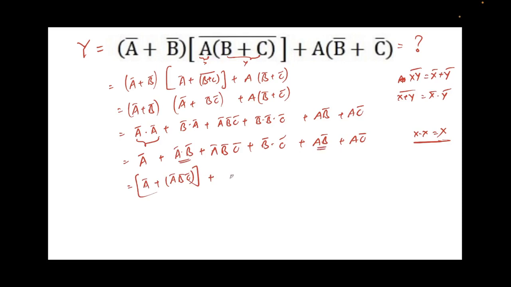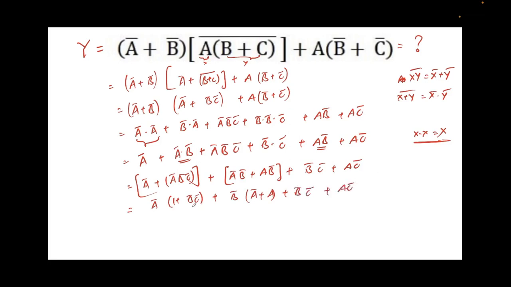So I'll write (A bar B bar plus A B bar) in the second bracket, plus these terms remain the same, B bar C bar plus A C bar. Now I can take A bar common from these terms. It will be (1 plus B bar C bar). Similarly, I can take B bar common from this. It will be (A bar plus A), plus B bar C bar plus A C bar.